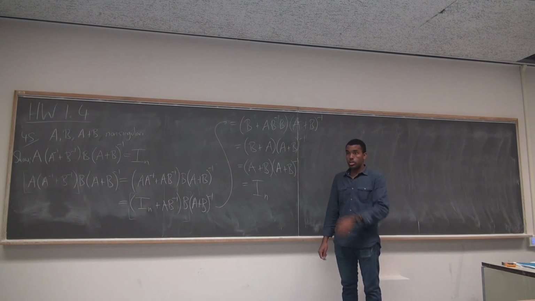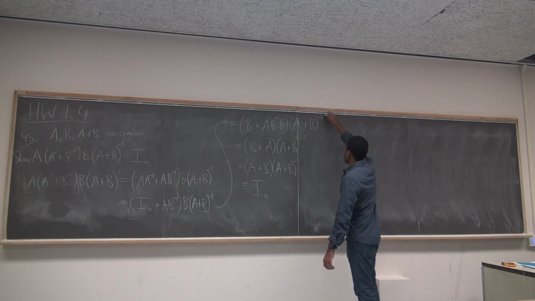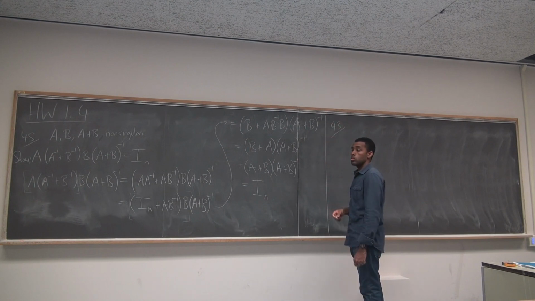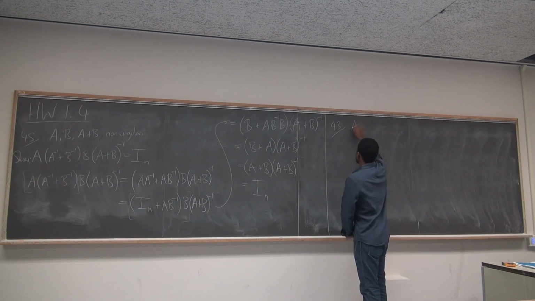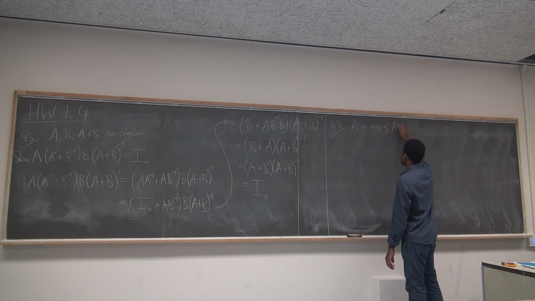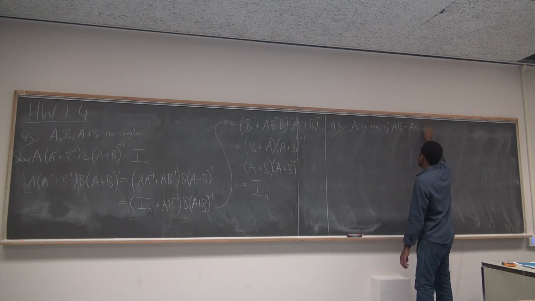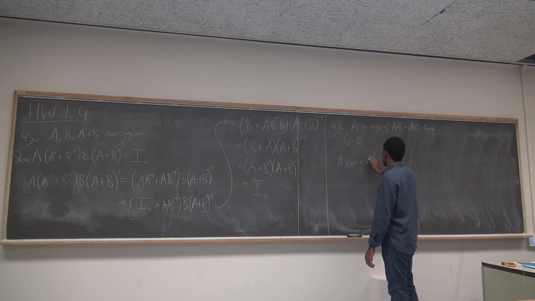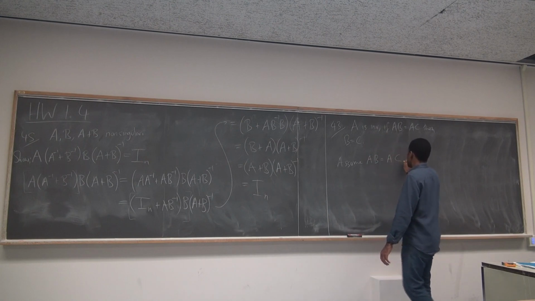Other questions? 43. Show that if A is invertible and AB equals AC, then B equals C. Here I just assume AB equals AC.